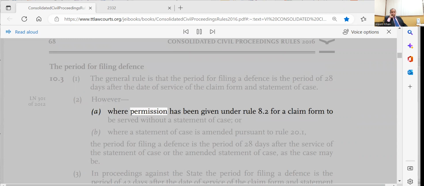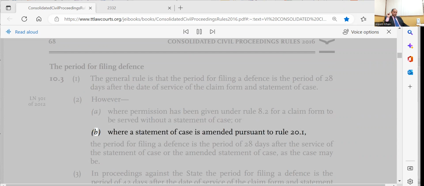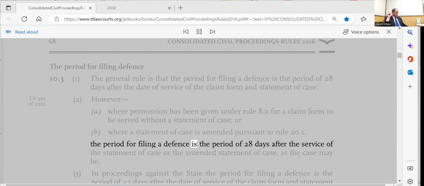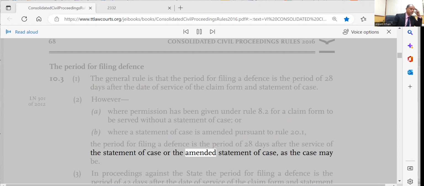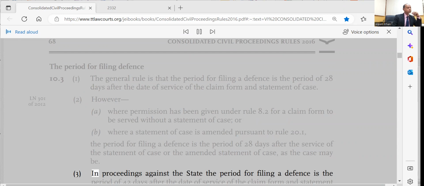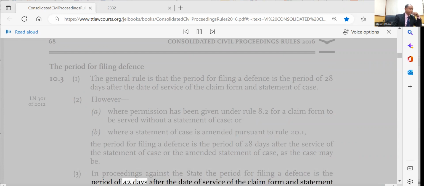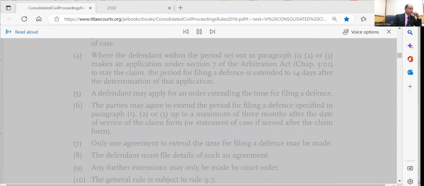However, a. where permission has been given under Rule 8.2 for a claim form to be served without a statement of case, or b. where a statement of case is amended pursuant to Rule 20.1, the period for filing a defense is the period of 28 days after the service of the statement of case or the amended statement of case, as the case may be. 3. In proceedings against the state, the period for filing a defense is the period of 42 days after the date of service of the claim form and statement of case.